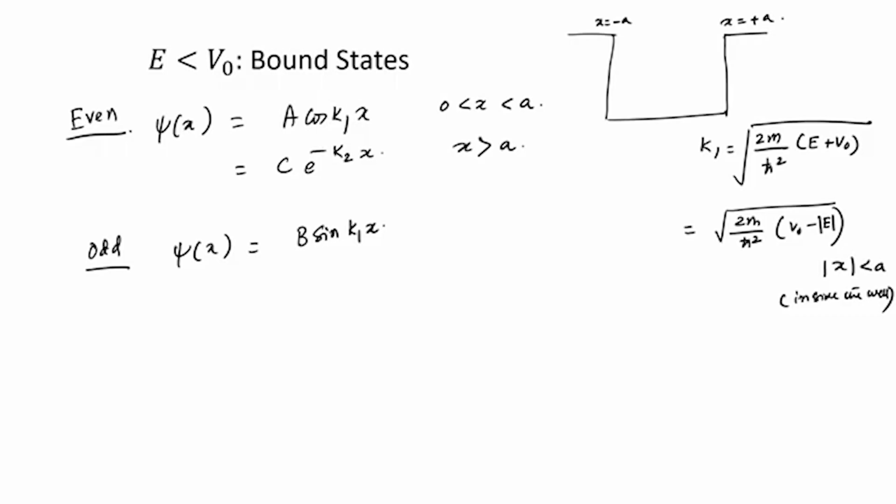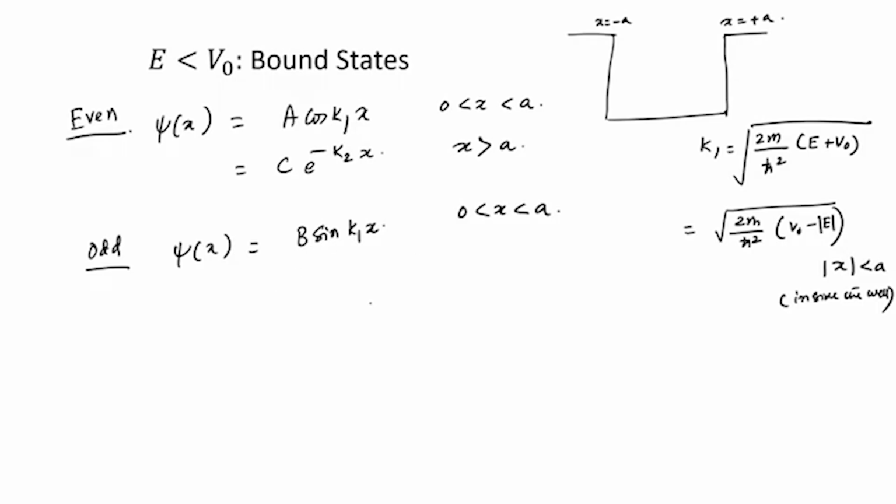These even solutions are truly valid for odd n, and odd solutions are in fact applicable to even n. But this even and odd is with respect to changing x to minus x, that is why we call them odd and even. So, this is for 0 less than x less than a for the odd solutions in the same region.